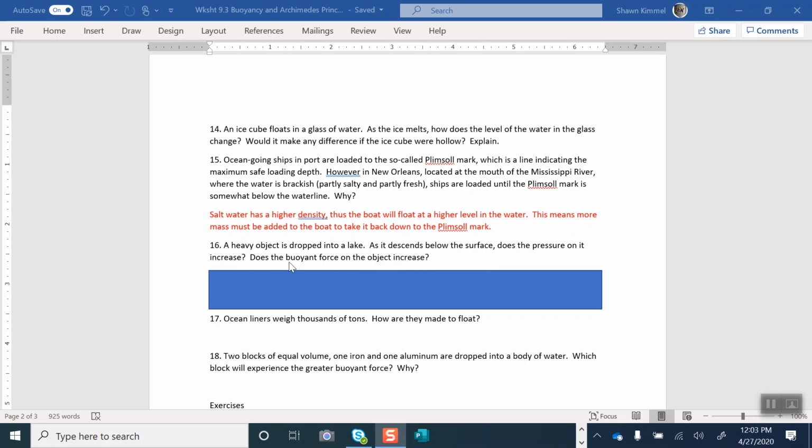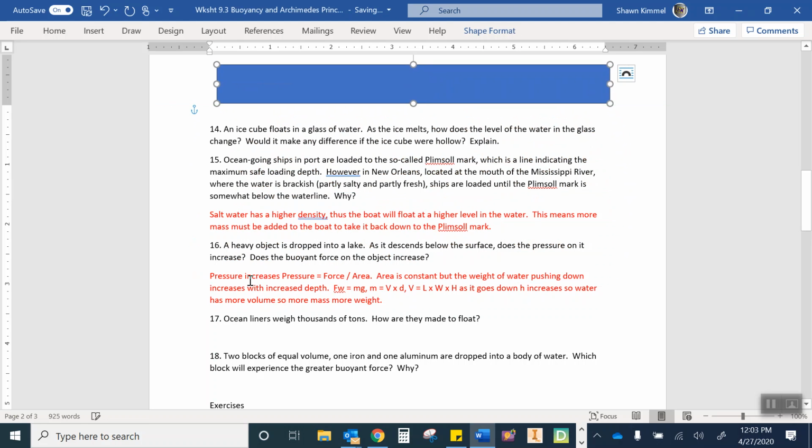Now let's talk about the first part, the pressure on it. Pressure increases, and our equation for pressure is pressure equals force over area. The area is going to remain constant, but the weight of the water pushing down increases with increased depth. What I mean by that is weight, or the force, is mass times gravity.